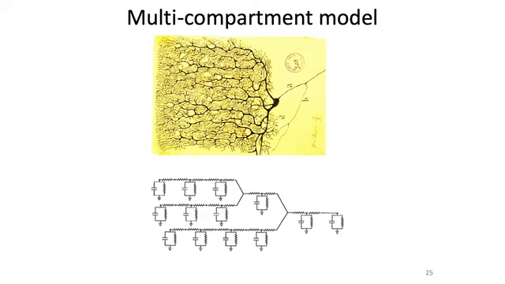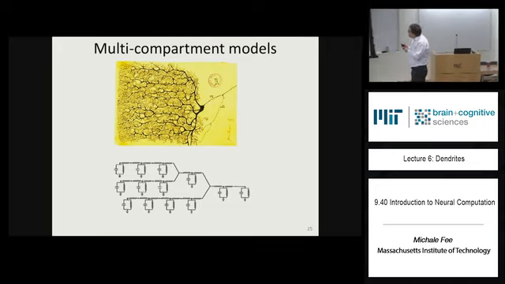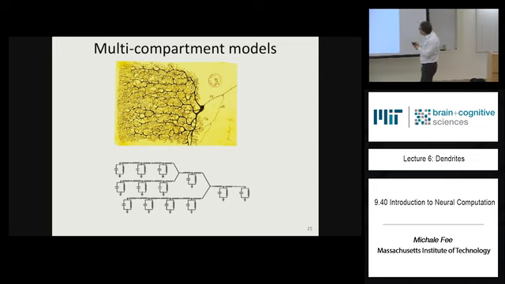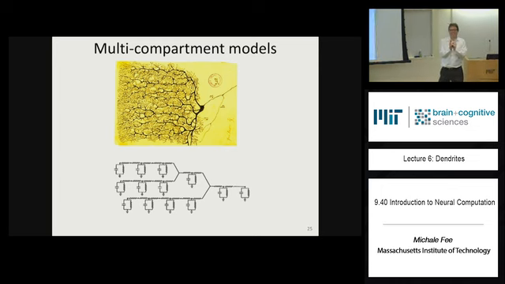And one common way that's done is called a multi-compartment model. So basically what you can do is you can model the soma with this capacitor-resistor combination. And then you can model the connection to another part of the dendrite through a resistor to another finite element slice. But we're going to let the slices go to 0 length.